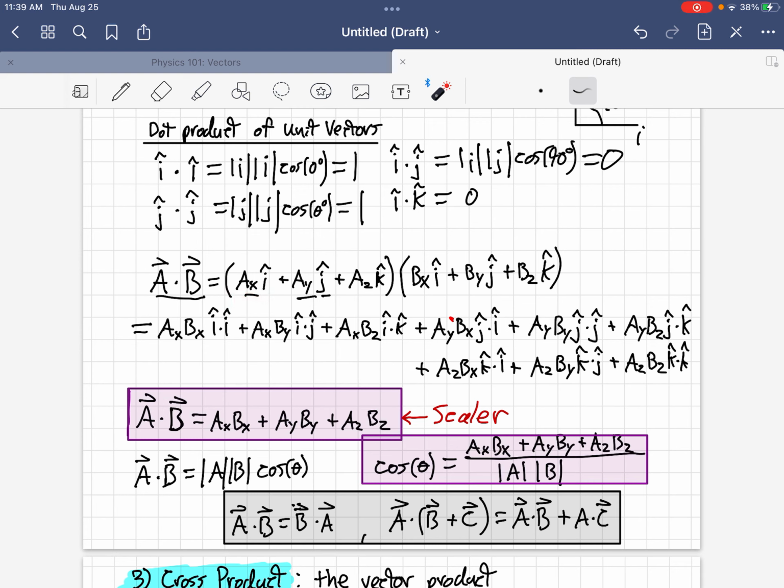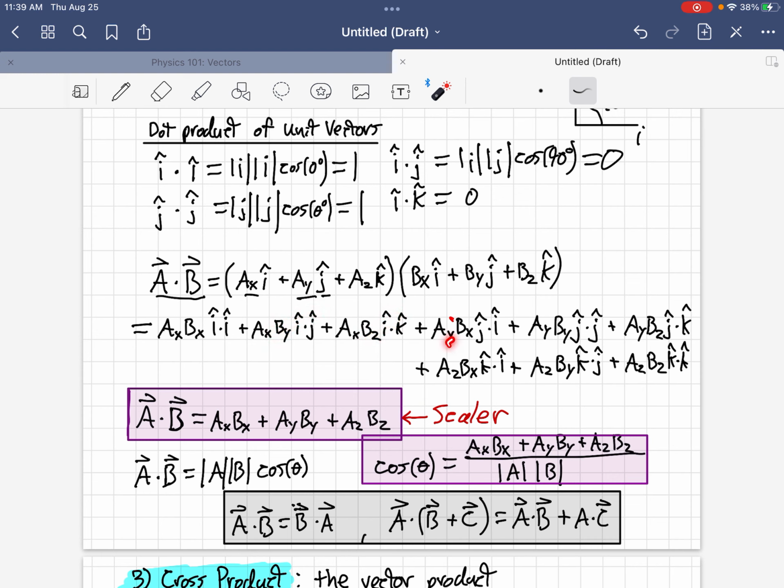And what you'll notice is you have I dot I, that's going to be 1, as we just set up here. I dot J is multiplied by this term. We just said that's 0. And I dot K is also 0. So these 2 terms are going to go away.